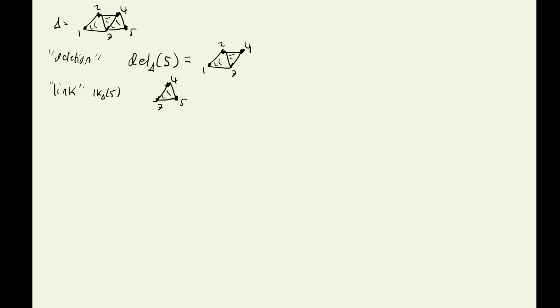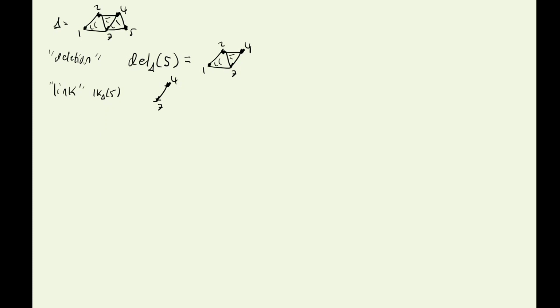The link is everything that I can join up with 5 to make a face of delta, not including 5 itself. So 4 is in my link because 4, 5 is a face of delta. 3 is in my link because 3, 5 is a face of delta. The empty set's everywhere.